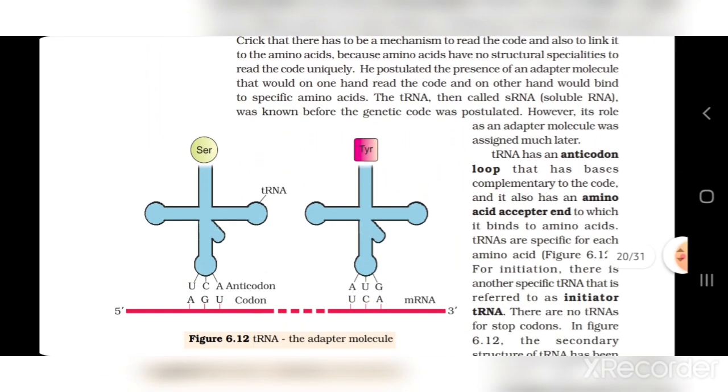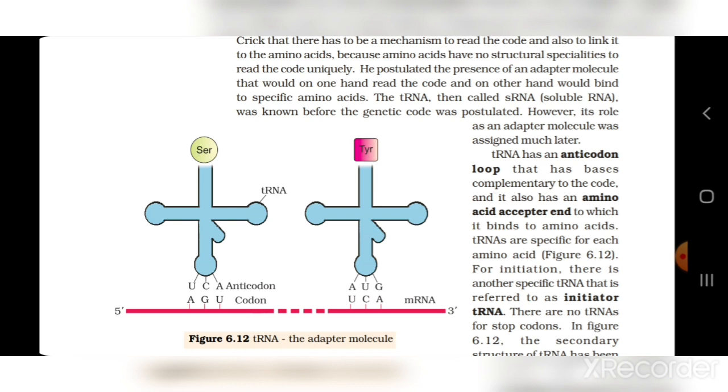Now, if we come to the structure of the tRNA molecule, which is the transfer RNA, it is also called the adapter molecule, and the structure was proposed by Francis Crick. This adapter molecule could read the code on one end, and on the other end would bind to particular amino acids.